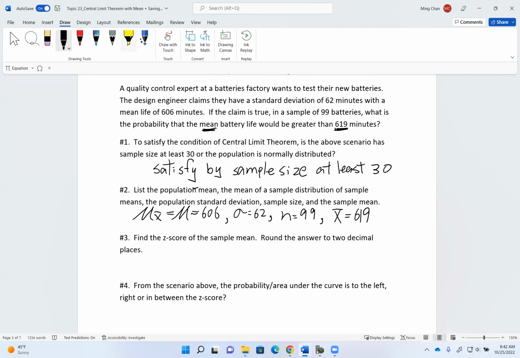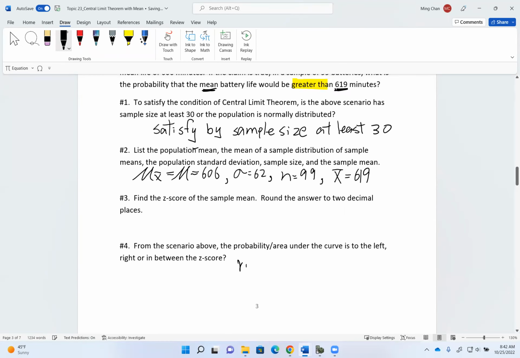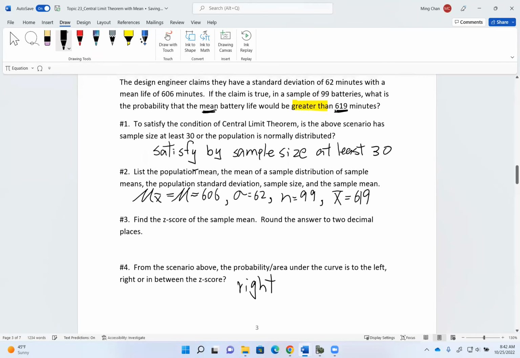The problem does say greater than. Greater than means I'm looking for the area to the right. So for number 4, looking for the area to the right. So number 3, let's convert this into a z-score.